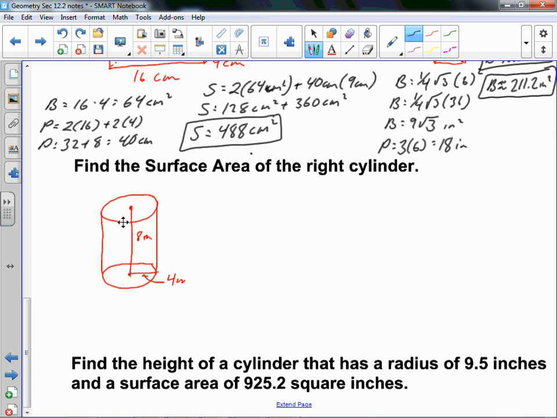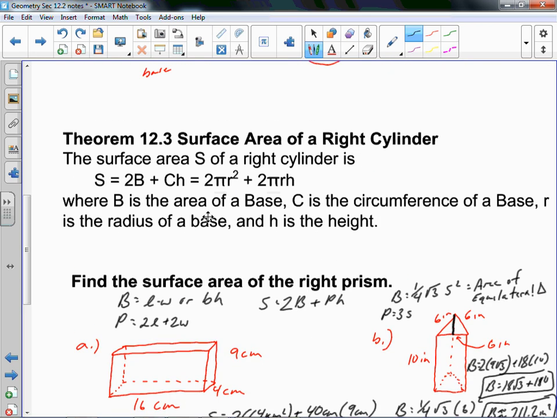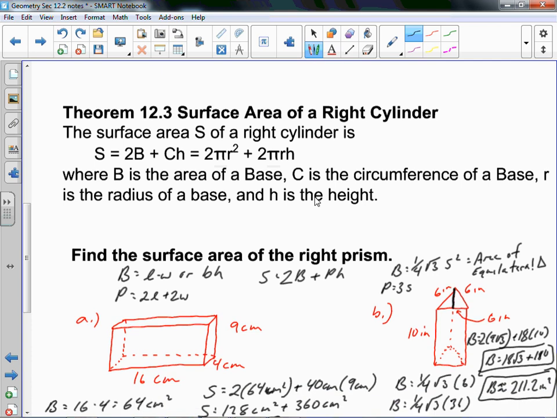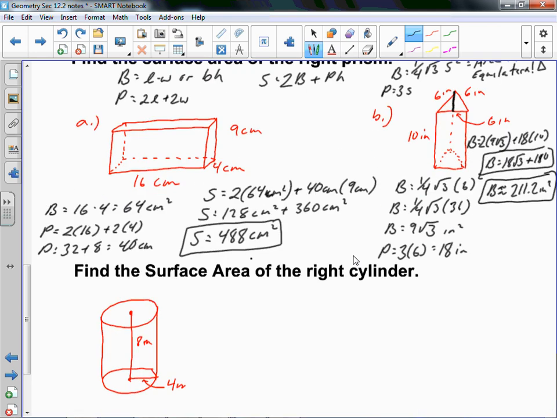So for a right cylinder, we can use the surface area formula for a cylinder, 2 pi r squared plus 2 pi r h. So in order to do this, all we need is the height and the radius, really.